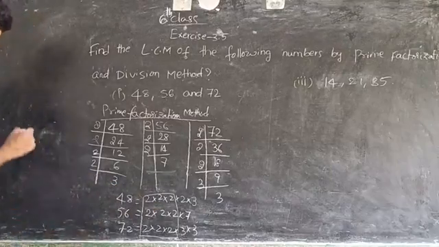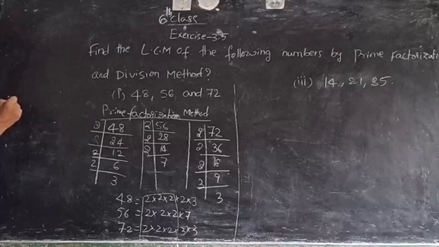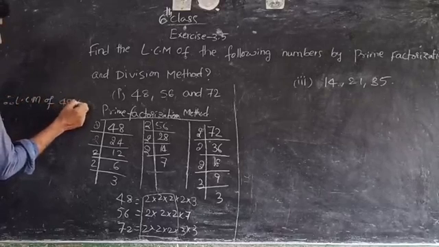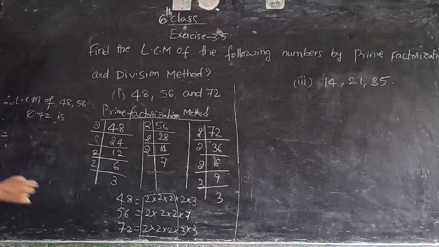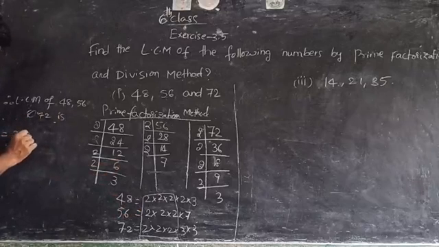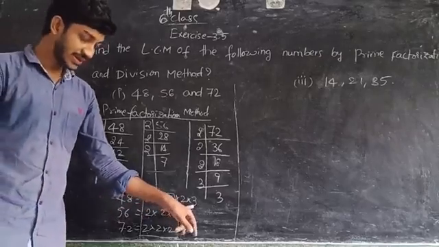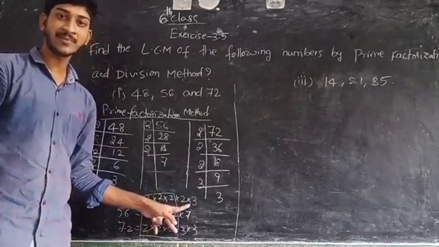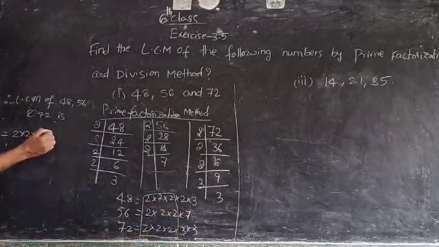So, children, LCM of 48, 56 and 72: from these, three 2s are common, that's why I am writing 2 into 2 into 2, and I am multiplying with 3. Here the 2 numbers have 3 as a common factor, that's why from these 2 3s we have to take only 1 3.